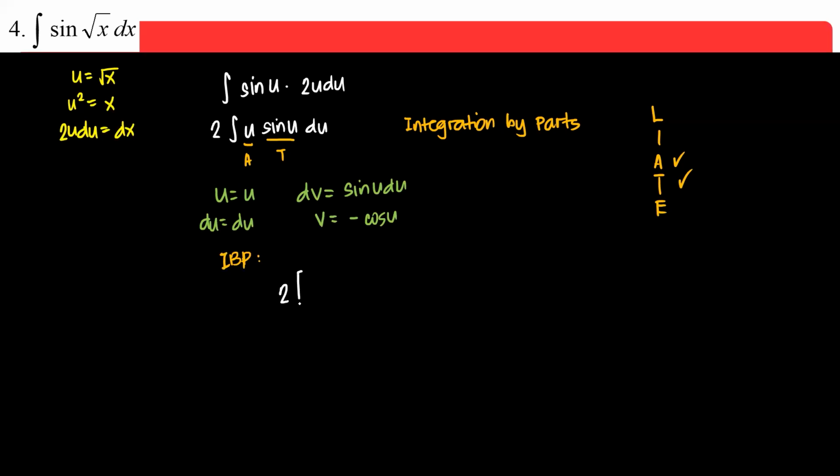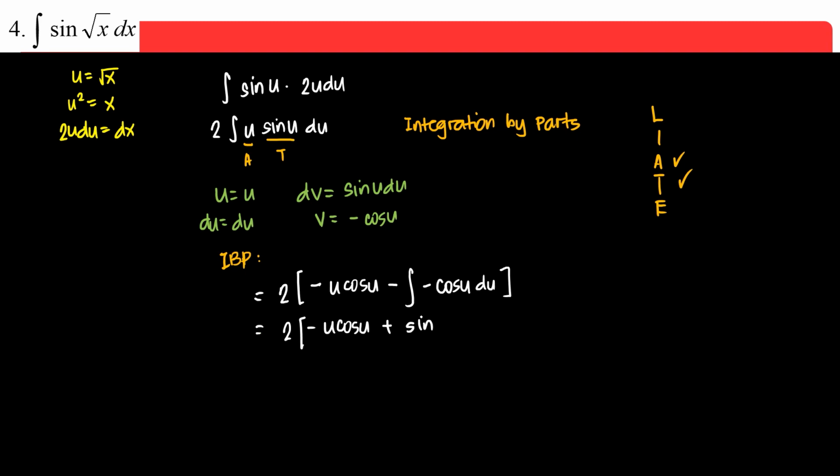We don't need the 2. Let's bring it out. uv, so negative u cosine u minus the integral of v du, right? So in here, 2, let's do this first. Cosine u. So that becomes plus. What's the integral of cosine?